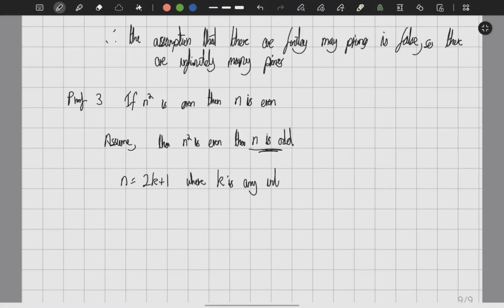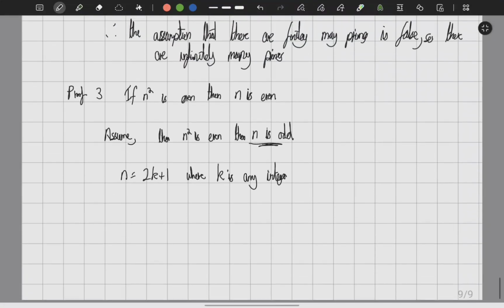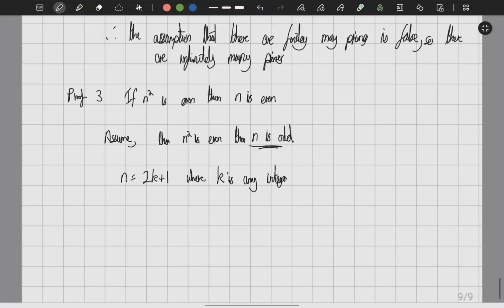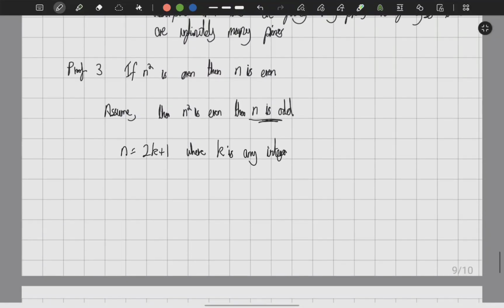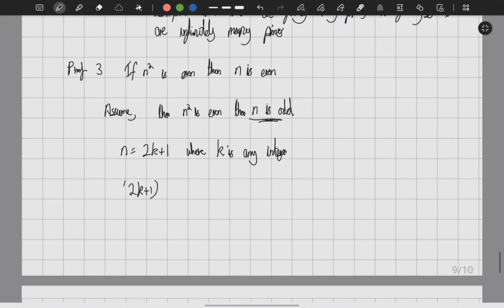I've just represented n as odd in another way. So now we can figure out what n squared is. n squared is 4k squared plus 4k plus 1. There we have our n squared.